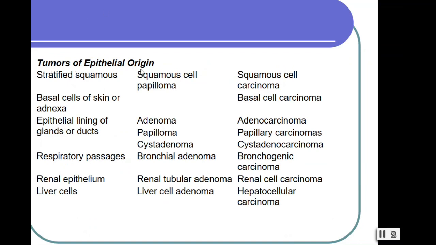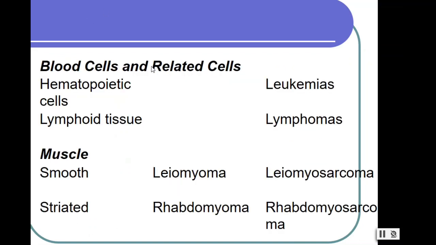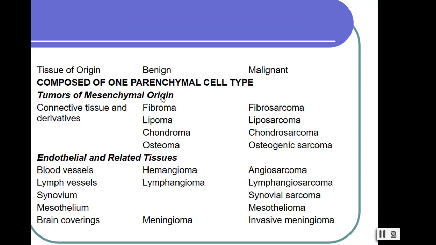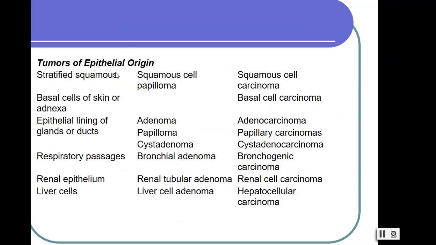Pag tumor of epithelial origin, so kanina yung na-discuss natin mesenchymal, no? This time, epithelial. Pag epithelial, instead na sarcoma ang suffix, it's carcinoma. Okay, so, stratified squamous, squamous cell papilloma. What is the malignant counterpart? Squamous cell carcinoma.